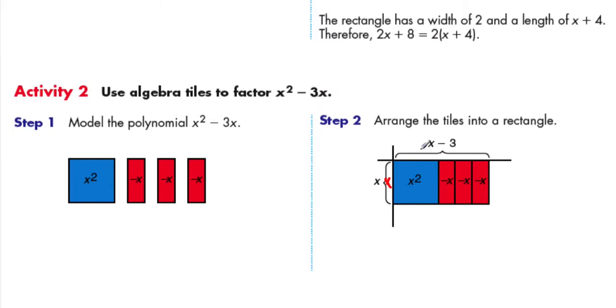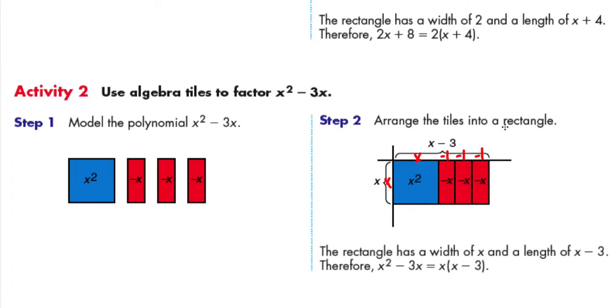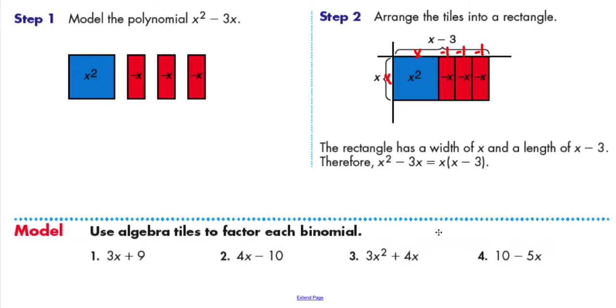The other is x minus 3, because this is x, this is minus 1, and minus 1, so it's x minus 3. Therefore, the rectangle has a width of x and a length of x minus 3. So the factors of x squared minus 3x will be equal to x times the quantity x minus 3.